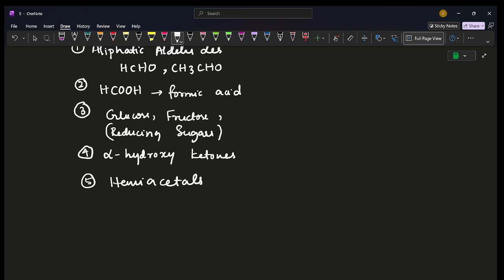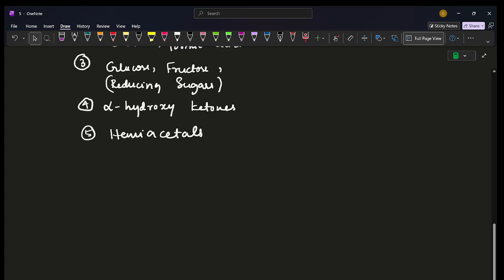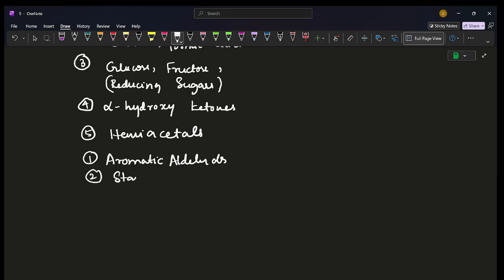And let's see who gives negative tests for these. Aromatic aldehydes do not give. And standard ketones, they do not give. Non-reducing sugars don't give.